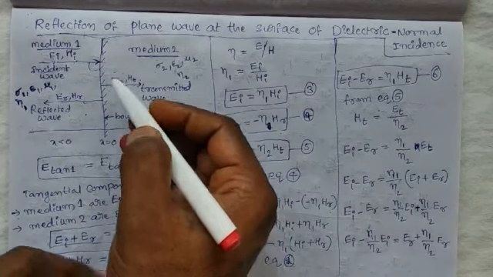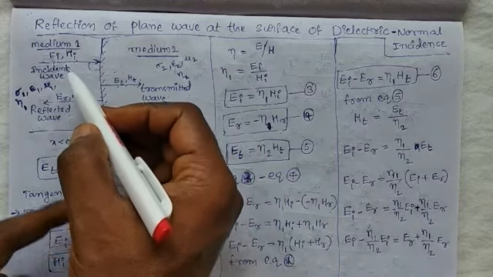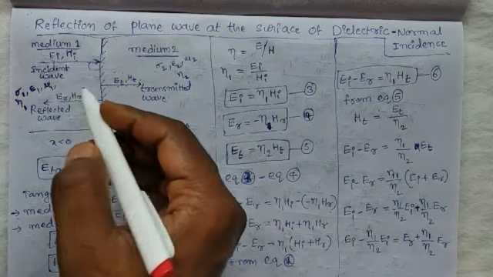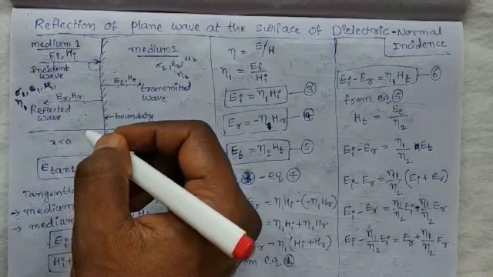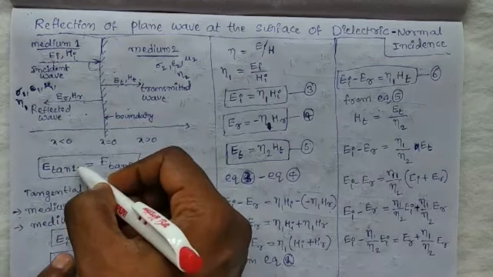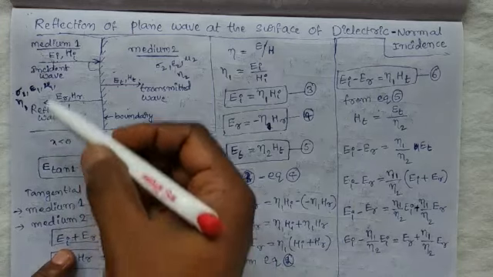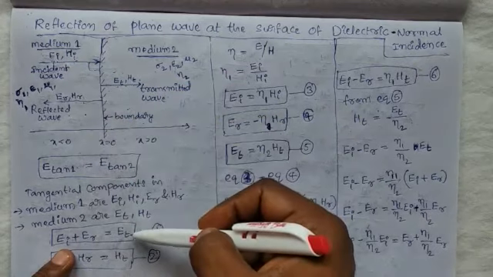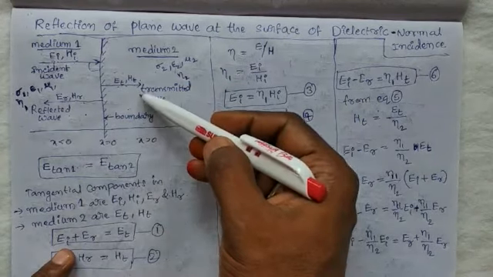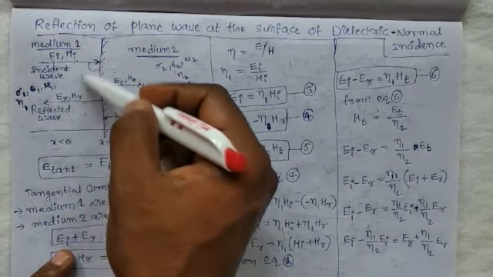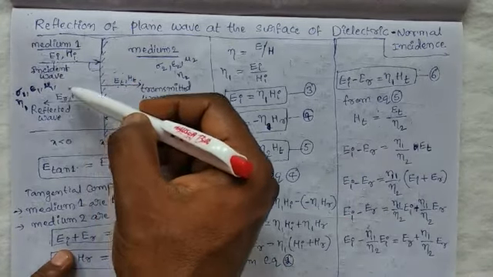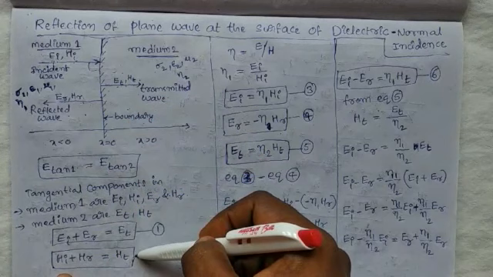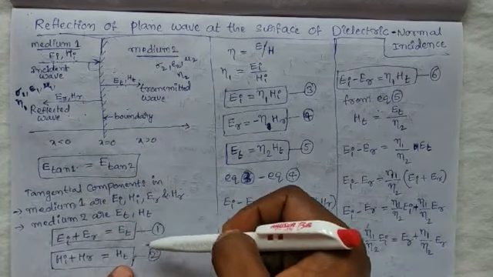E tangential 1 is EI plus ER, and the tangential component in medium 2 is ET. So EI plus ER is equal to ET. In terms of magnetic field, HI plus HR is equal to HT.